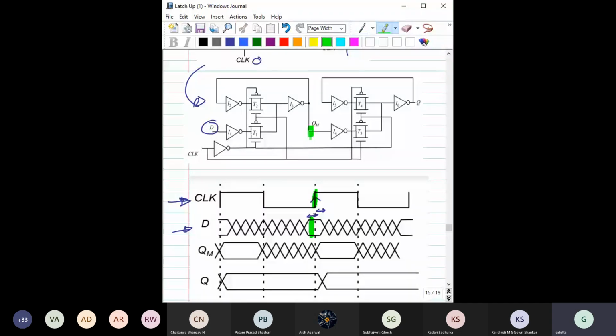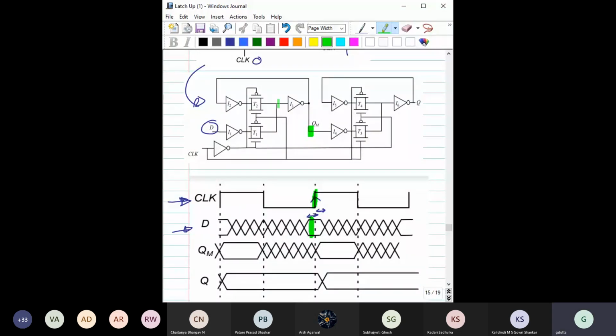Now tell me why you think the data should be stable for this much time. Because it has to travel through I1, this inverter, this transmission gate, then this inverter, then it would be available to QM. Is it all, or is there something else?